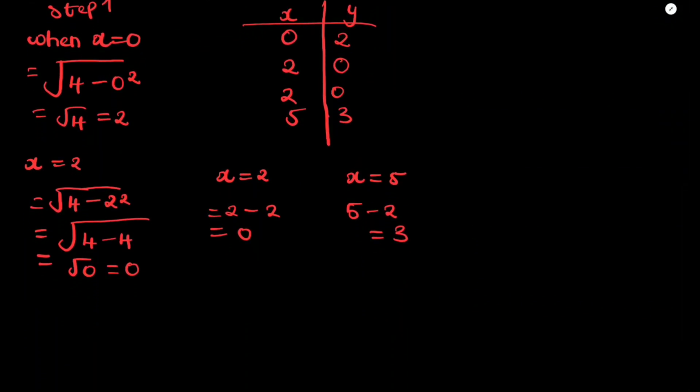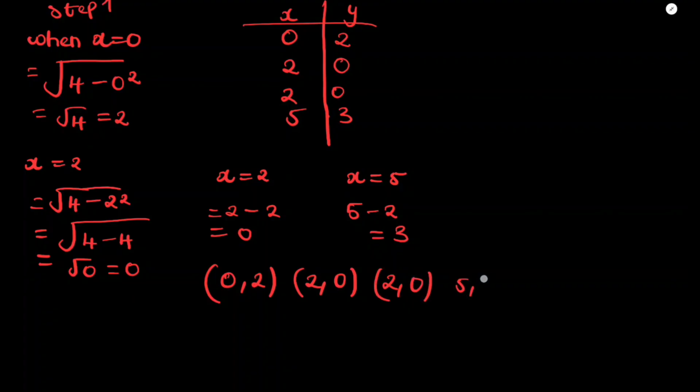Okay, now that we have gotten our coordinates, we need to determine which one is open and which one is closed. So we have the first one, 0 and 2, then 2, 0, then 2, 0, and 5, 3.